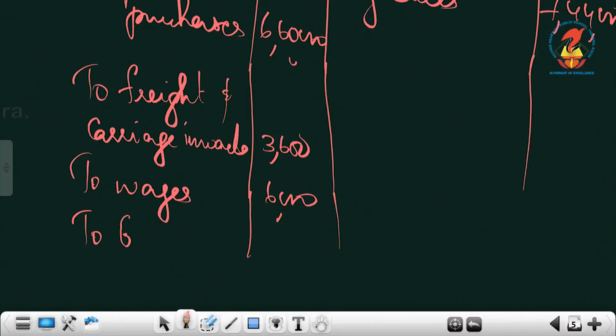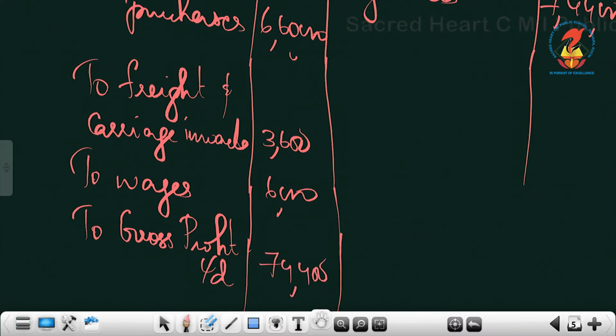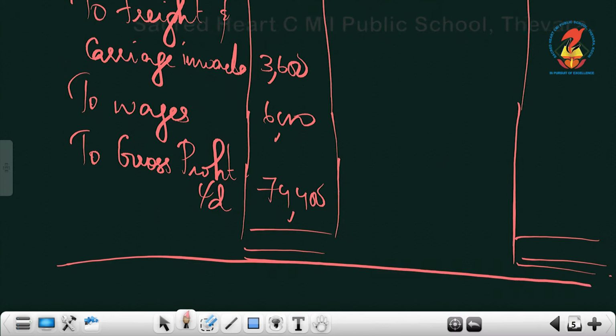So you write to gross profit carried down 74,400. Then you write the totals and close it. The totals here will be 7,44,000. Only sales is there on the credit side. 7,44,000.